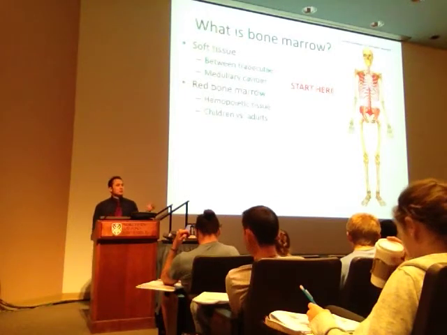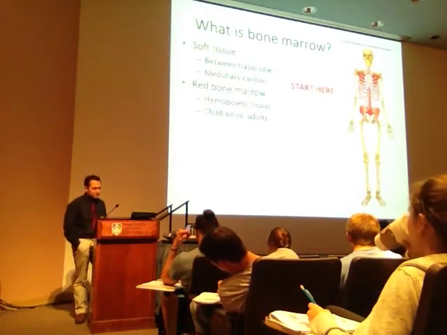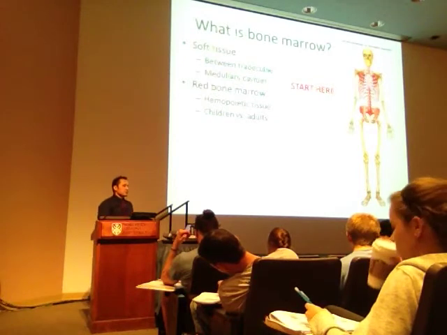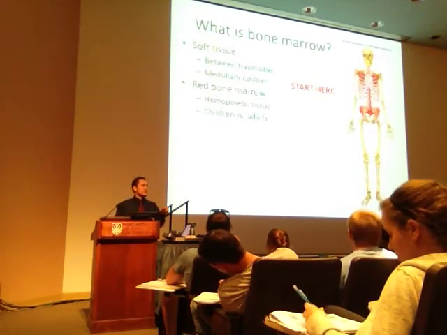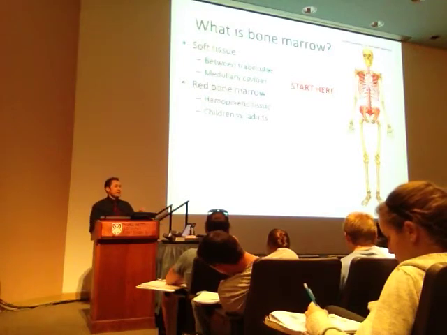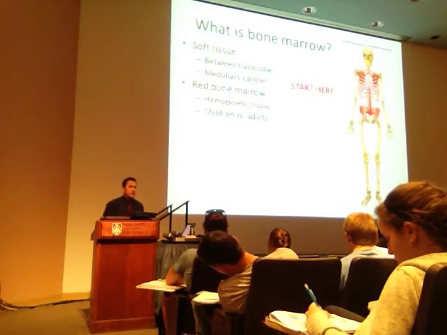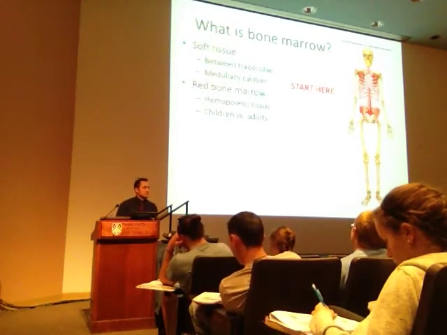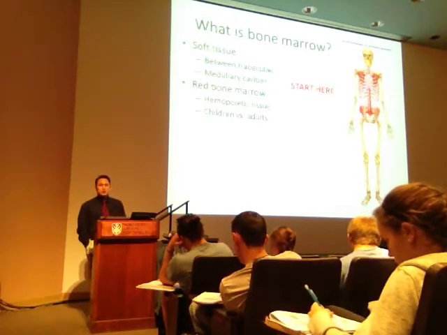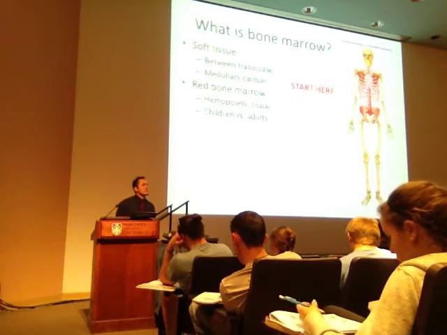We have a distribution that's a little different in children versus adults. In children, like I mentioned just a minute ago, all the medullary space that you can possibly have is packed full of this hematopoietic tissue. Why would that make sense? I'll ask the question earlier than I typically do. Why would that make sense?